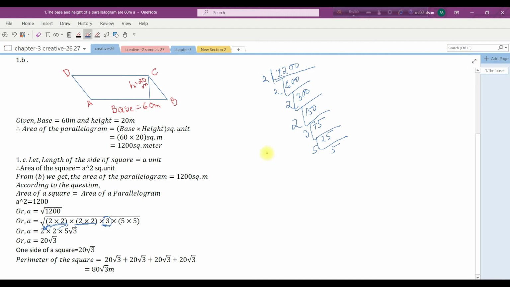And for this 5 into 5, you will take only 5. As there was no root of 3, we write it like root 3. So the ultimate result is 2 into 2 into 5 root 3, which is 20 root 3. So we have found one side of a square, which is a equal to 20 root 3.